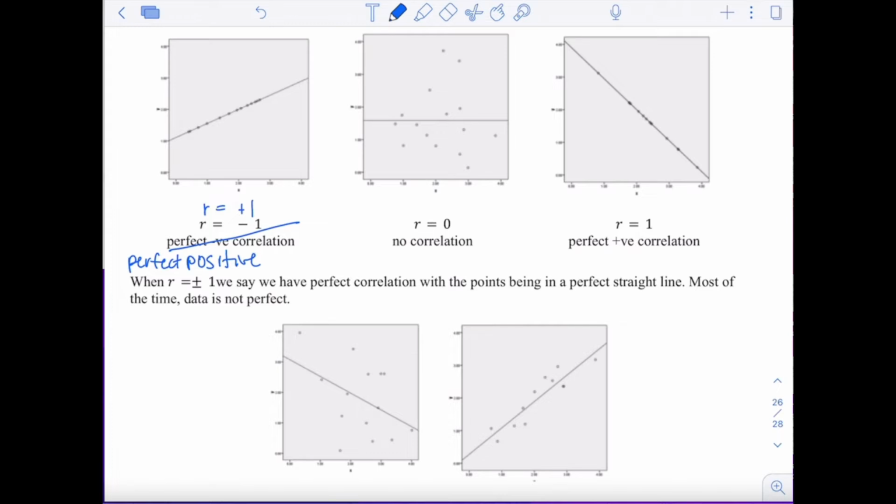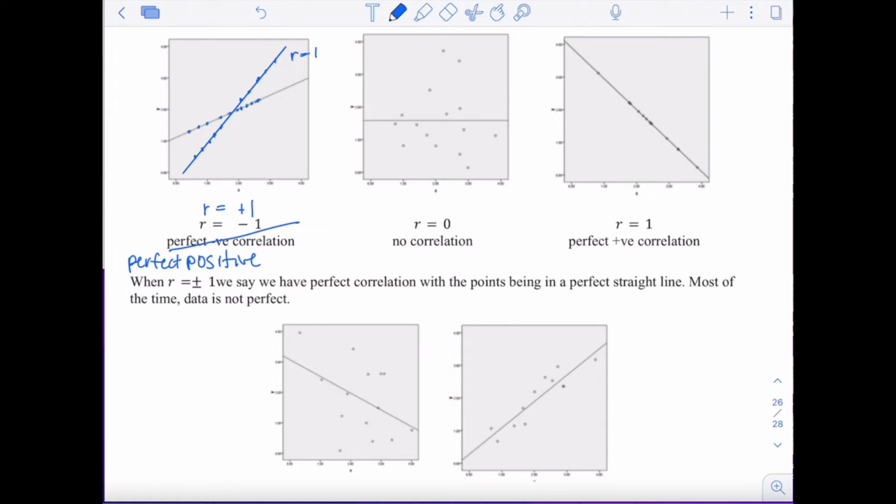What that means is the dots in this relationship fall exactly on whatever the equation of that line is. So none of them veer off. They're all exactly on that line. So if I had another set of points on this line, as long as the points are directly on the line, this would also be r equals 1. It doesn't matter what the slope of the line is. What matters is that the points are actually directly on the line. So that would be a perfect positive correlation.